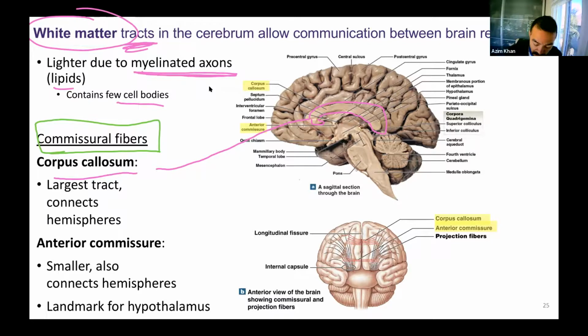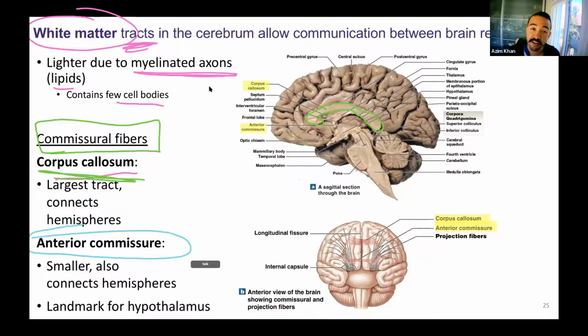The other commissure that we have, besides, let me draw the corpus callosum again. There's a corpus callosum. Another major one, there's actually more than this, but another major one that we can find in a cadaver brain that's been cut mid-sagittally is the anterior commissure.